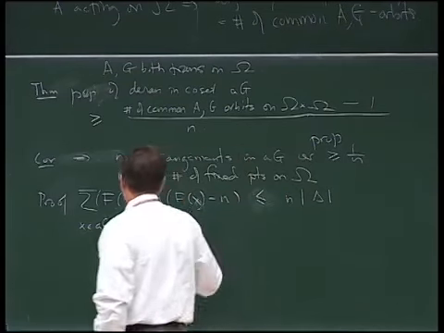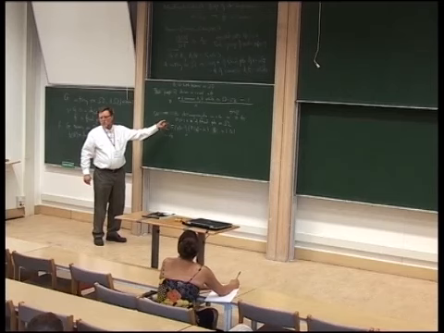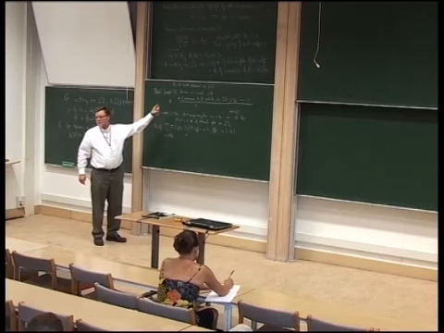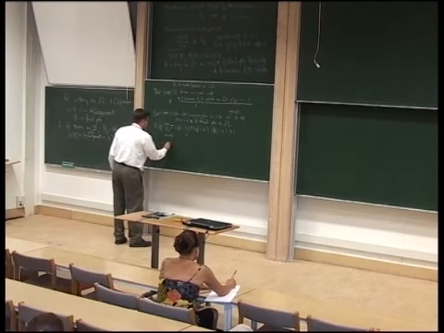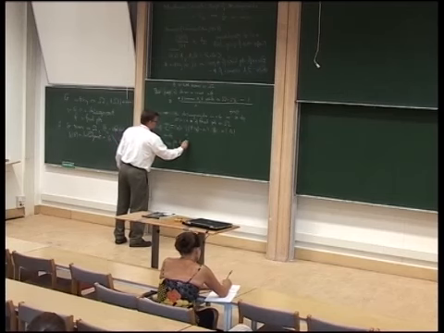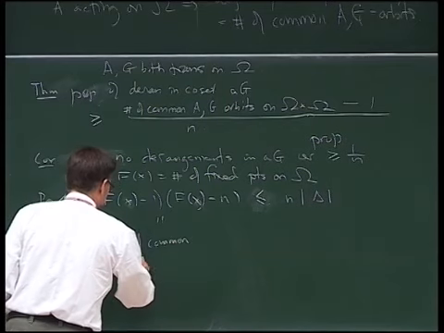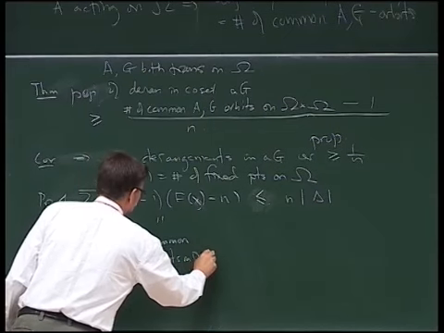On the other hand, what's this? Well, this is the sum of, first of all, f squared. That's the number of fixed points on omega cross omega. So applying this lemma that I just said, that's equal to the order of G times the number of common AG orbits on omega cross omega.